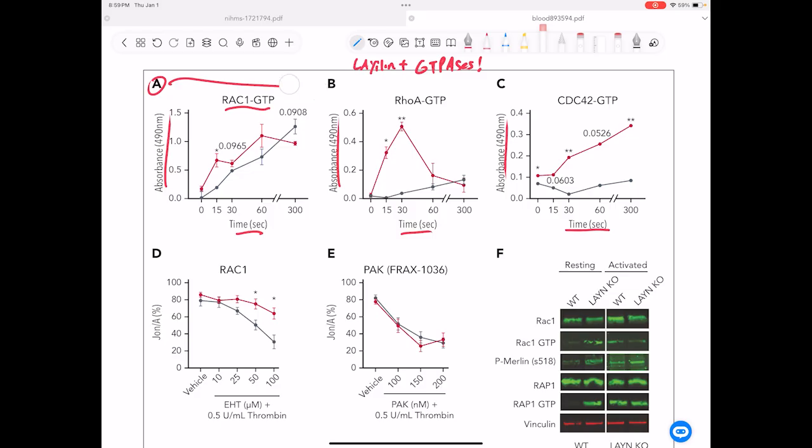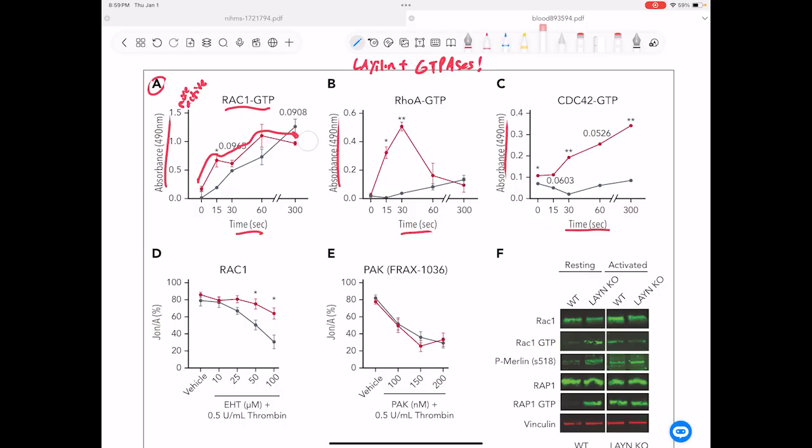Let me erase that again just for clarity. Think of it as the higher you go, the more active the GTPase is. And that's true across for B, A to C. And what's exciting is that our red, which is our Layilin knockout, consistently is showing a hyperactive phenotype, in that the RAC1 across here is above wild type up to a point, and that's true for all of this.